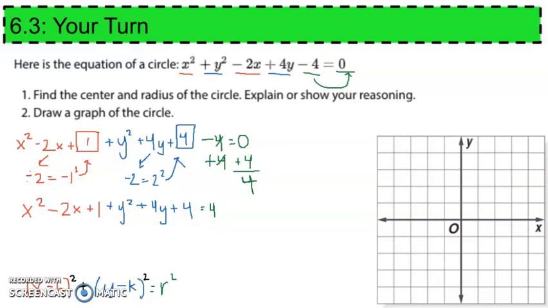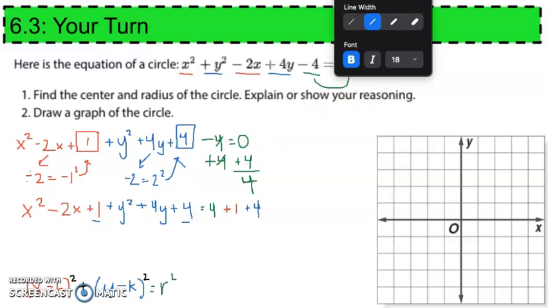Again, I told you we're going to need to add those other two things to the left that we did to the right. So we added 1 on the left, so we're going to add 1 on the right. We also added 4 to the left, so we're going to add 4 to the right as well. Okay, so again, those are these numbers right here.